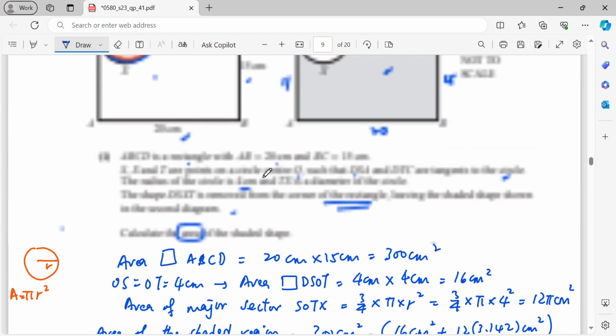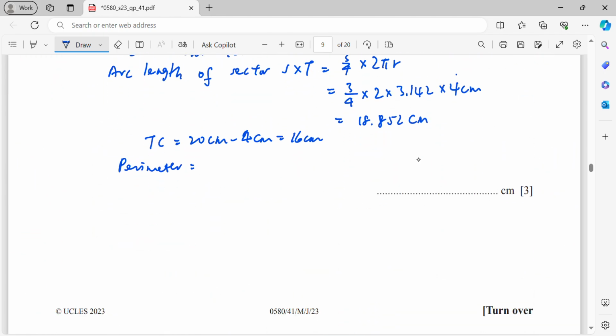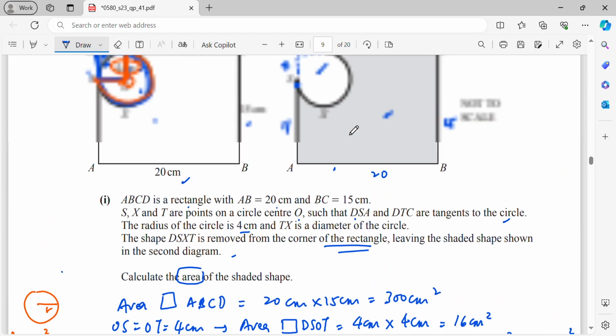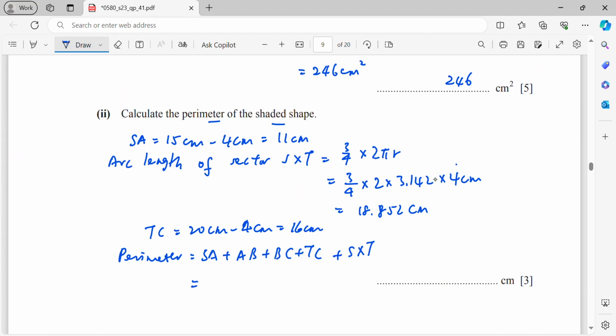So basically my perimeter is SA plus AB plus BC plus TC plus the arc length SXT. So just plus all together. So then SA is 11, then 20, BC is 15, TC is 16.